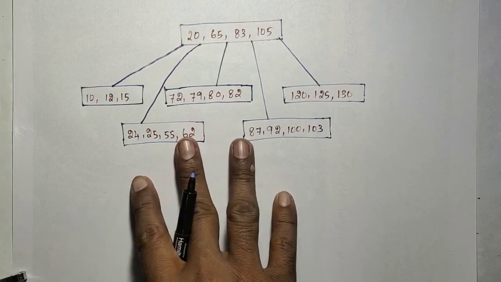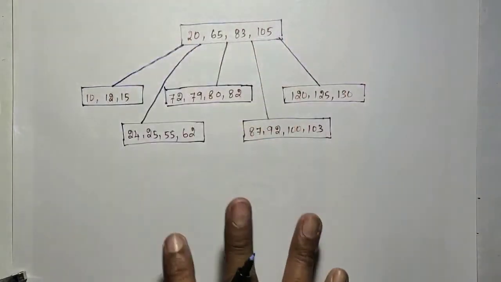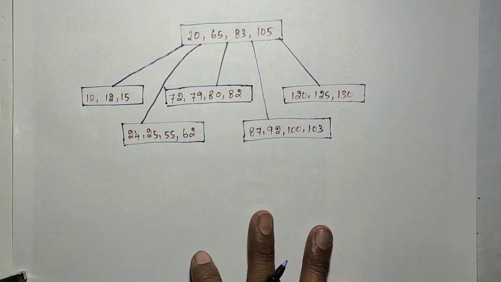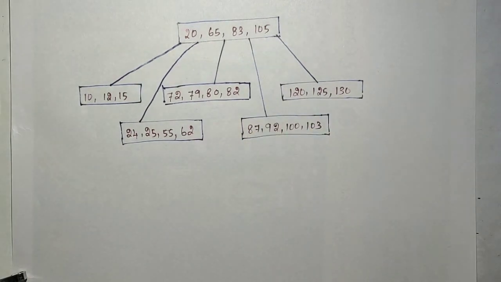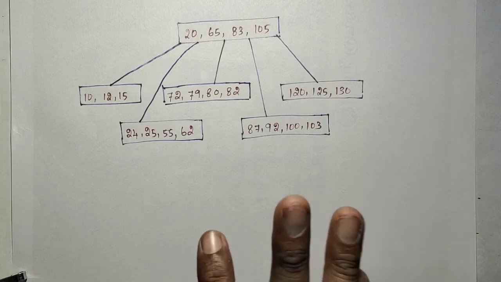So I have covered all the different cases. So now you can write that algorithm yourself. The element to be deleted is present in the leaf node, case 1. If it is there in the intermediate node or root, that is case 2. In case 1, there are sub cases.